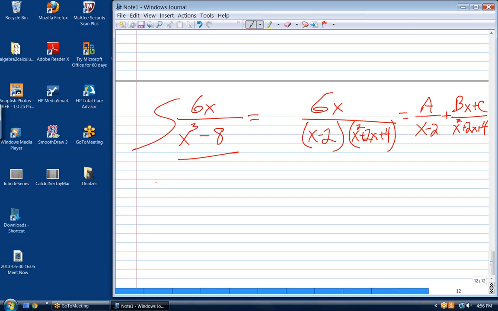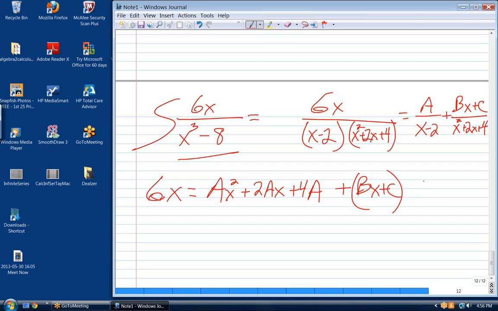Okay, so now we can say what? So 6x equals ax squared plus 2ax plus 4a plus, times x minus 2.